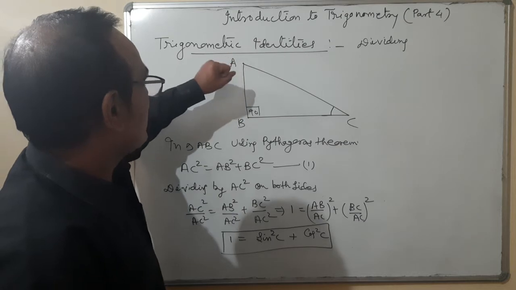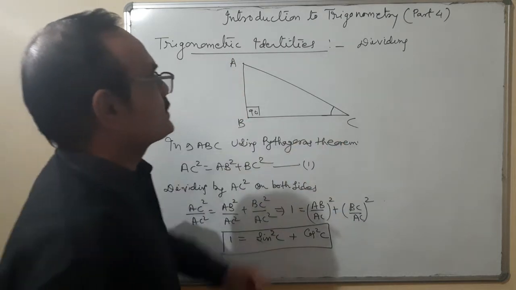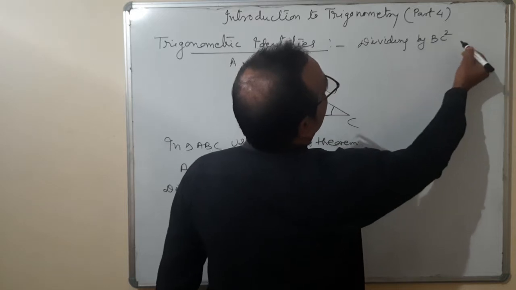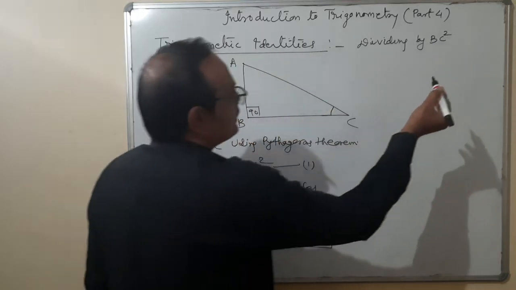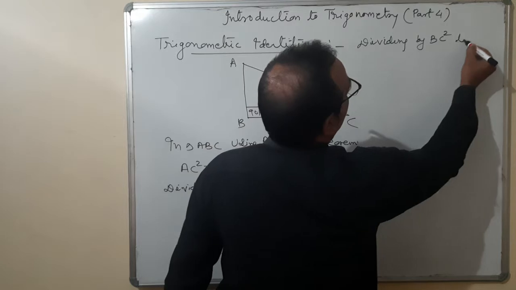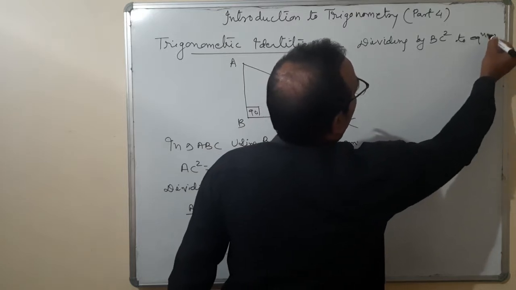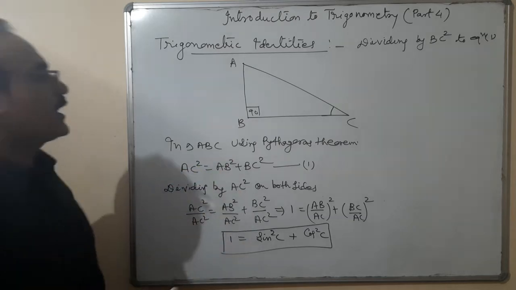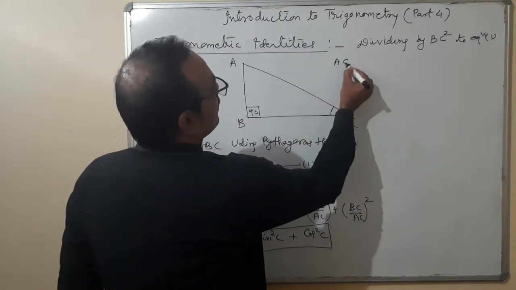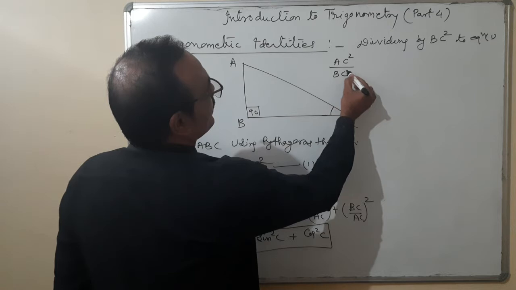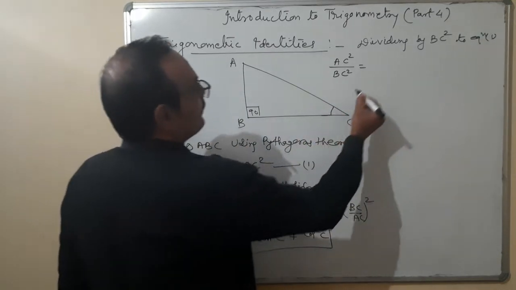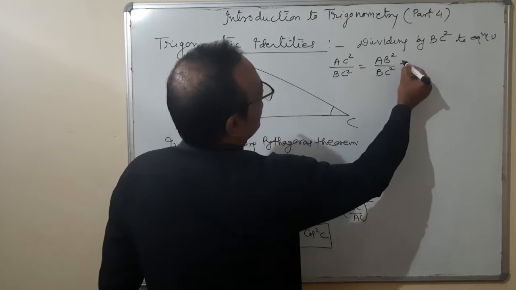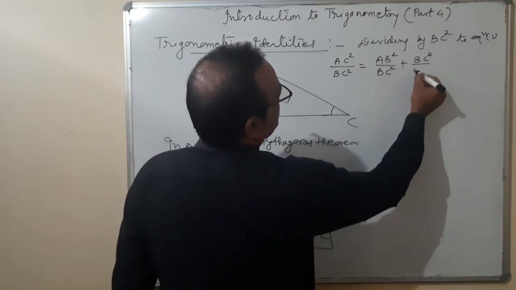After that, I am dividing equation number 1 by BC square. If I divide by BC square, then AC square upon BC square is equal to AB square upon BC square plus BC square upon BC square.